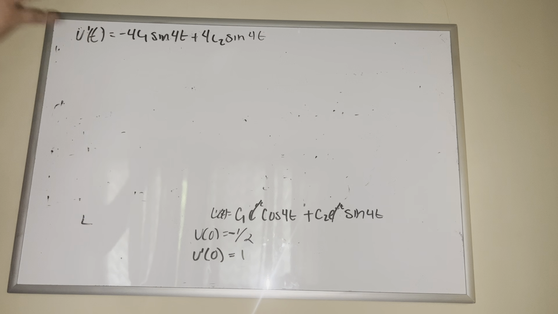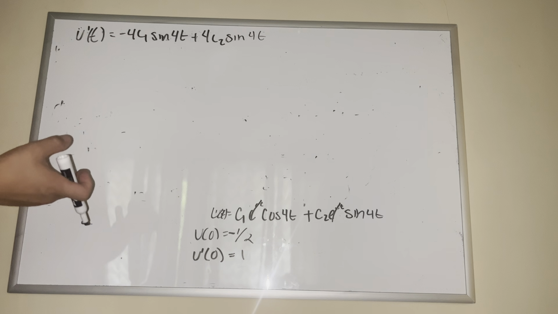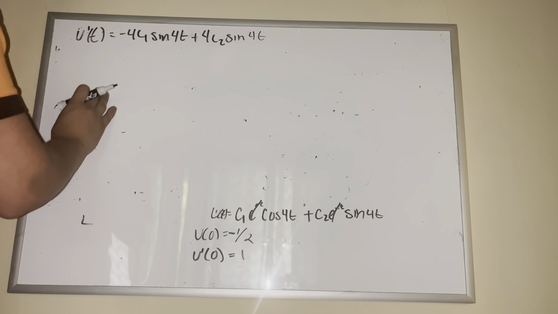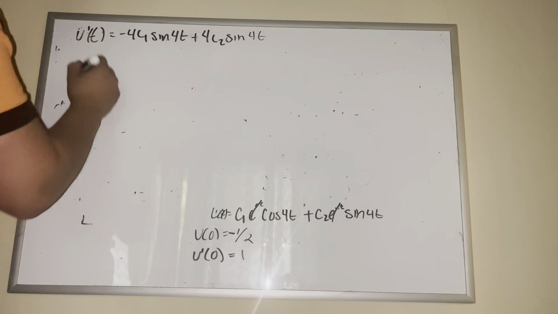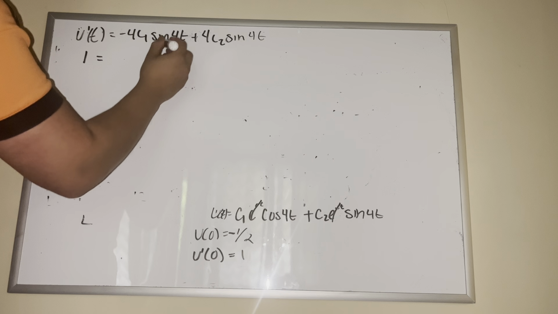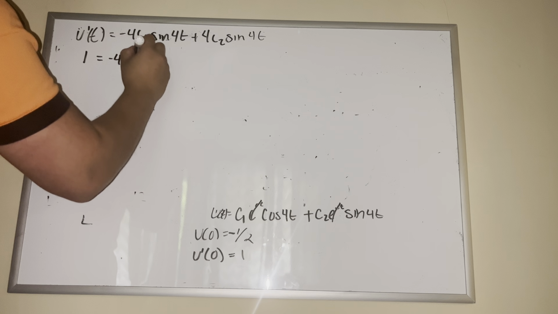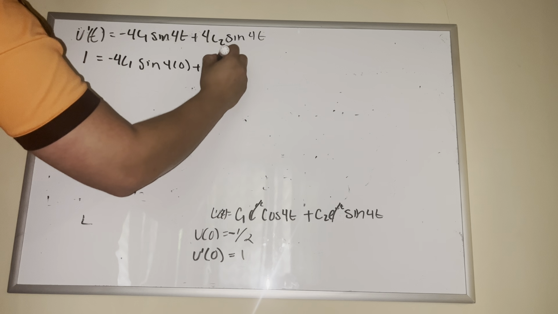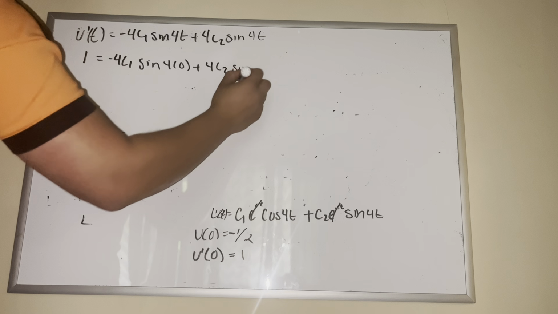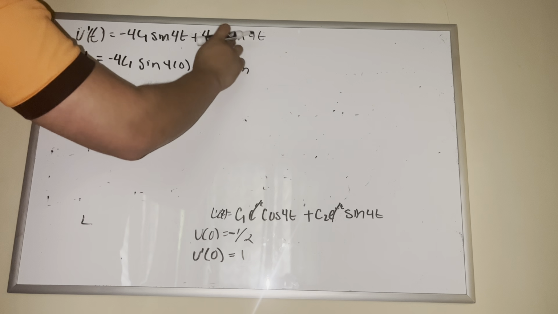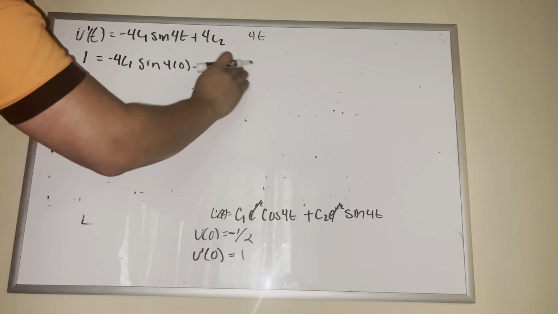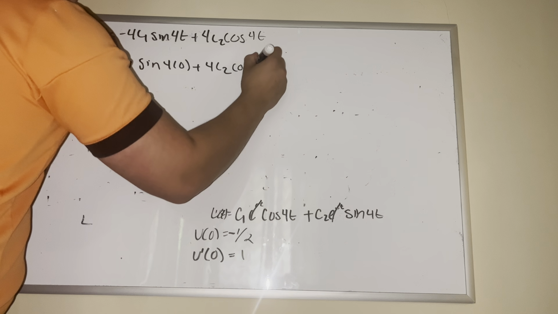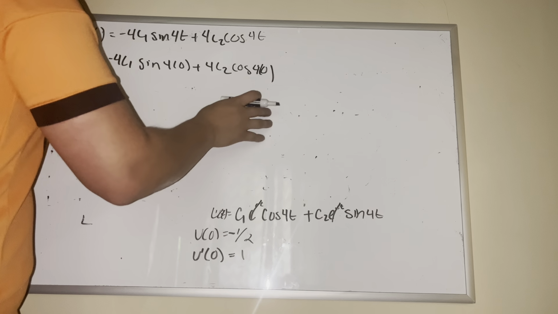Okay, so in order to solve for all these, we have to plug in our formulas. So for this one, we get 1 is equal to negative 4c1 sine of 4 times 0 plus 4c2 cos of 4 times 0.